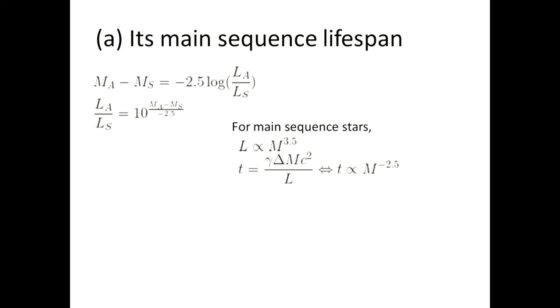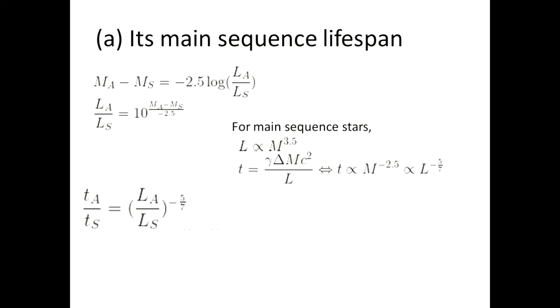So we can put the derivation here that lifespan is proportional to mass to the power of negative 2.5, or another way to put it, proportional to luminosity to the power of negative 5 over 7.